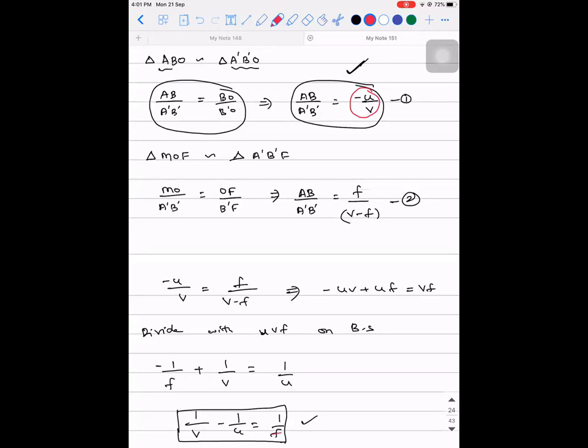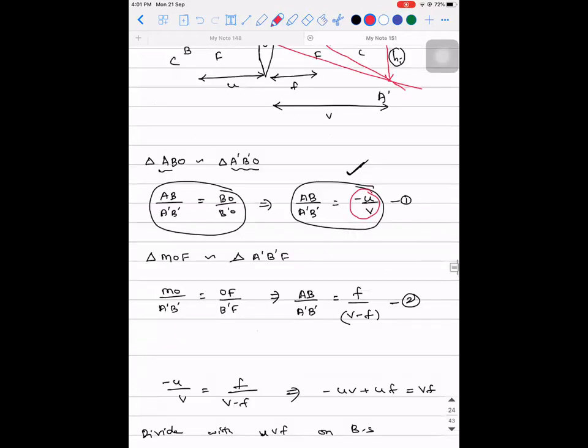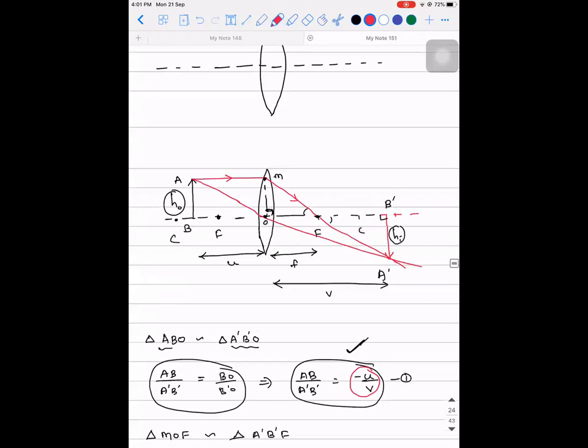On the ray diagram one, sir. This one. Yes, sir. Okay.